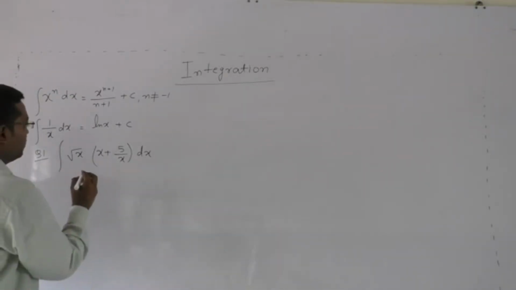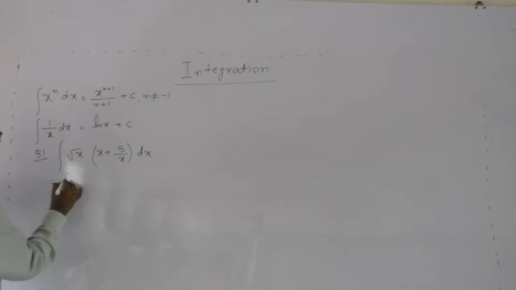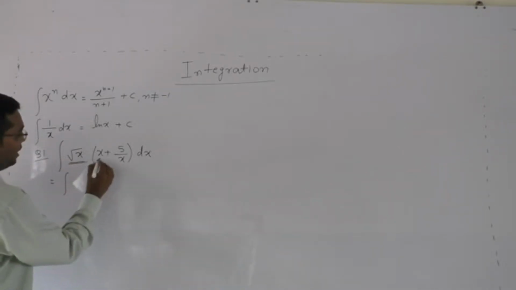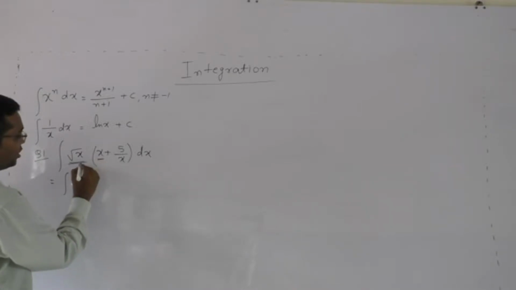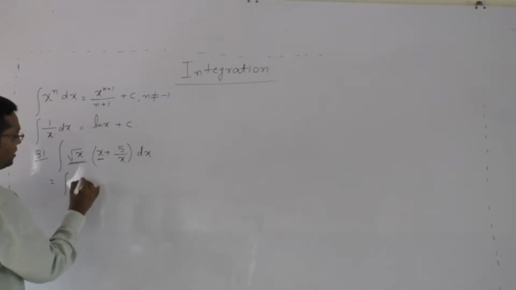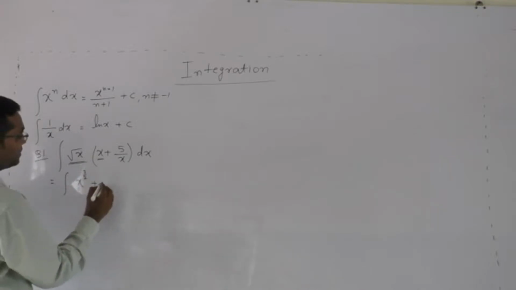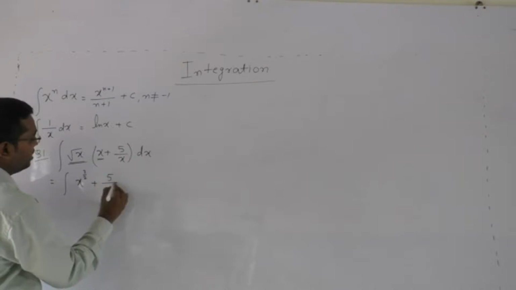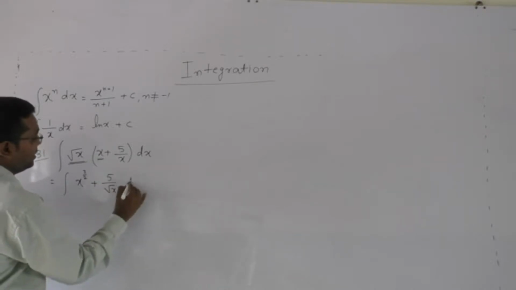So this we can write as integration. Now root x means x raised half and x means x. Here base is same, power should be added. So half plus 1, that is 3 by 2, plus this and this will get cancelled. We will get 5 by root x dx.